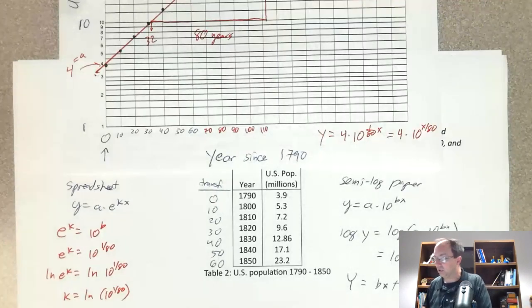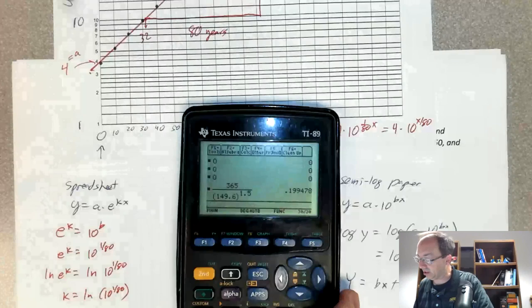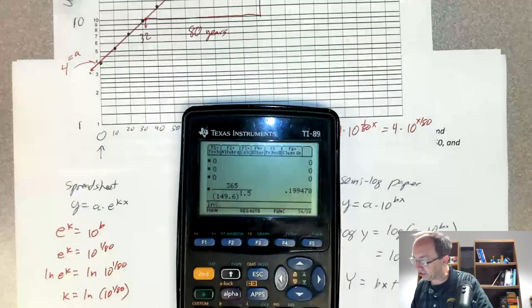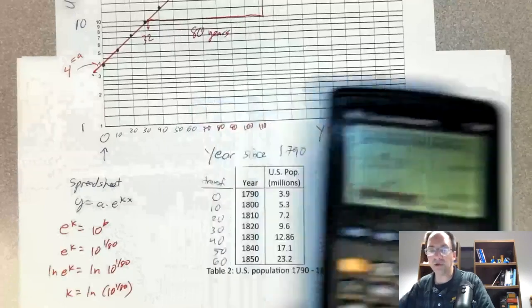And then if we're curious what that is, we can calculate the natural log of 10 to the 1 divided by 80. And so we get about 0.288.